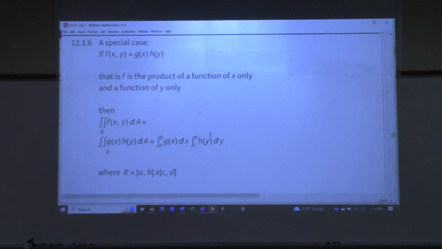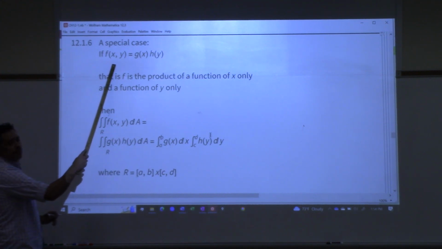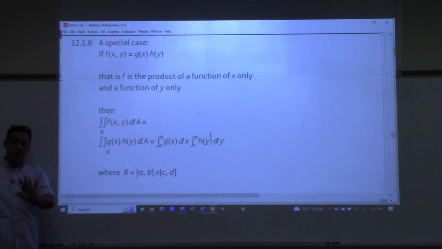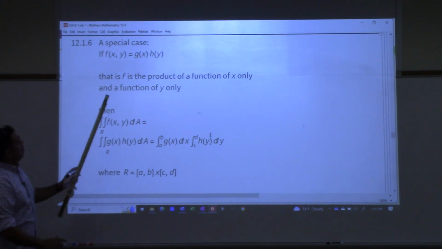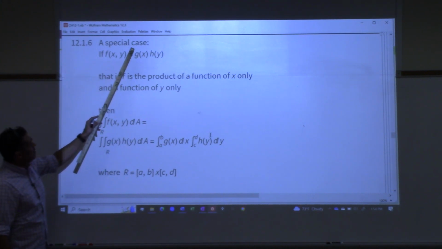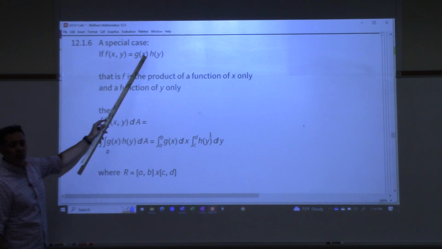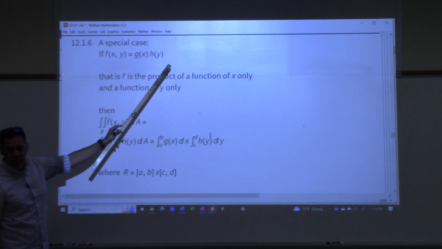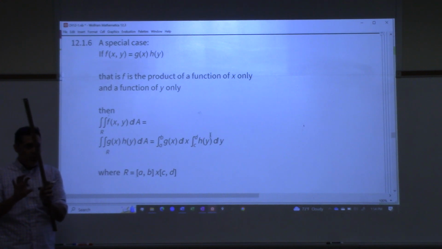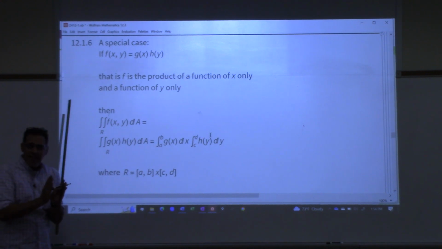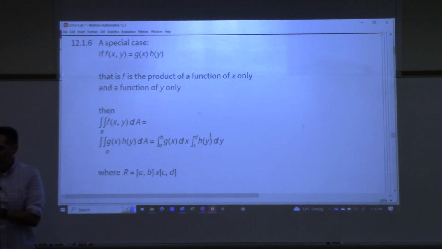All right, so a special case. Look at this function of x and y. This is a very special case. We can only do this when our function of x and y is a function of x multiplied by a function of y. That means you can separate it into two factors where one of them just has x's, the other one just has y's.